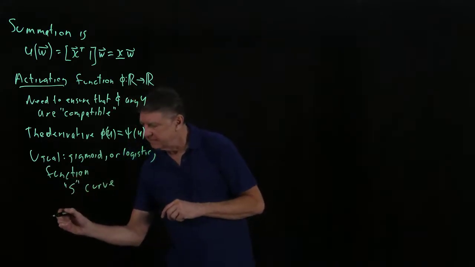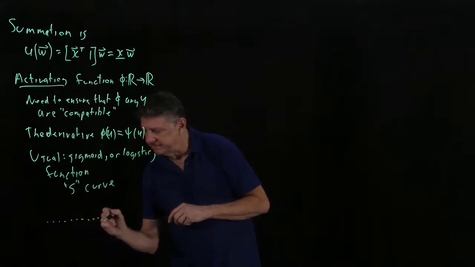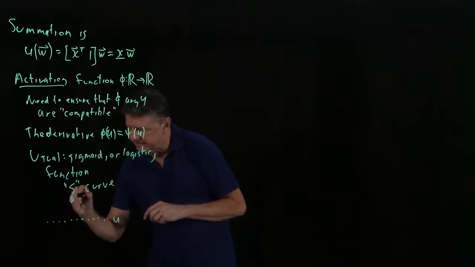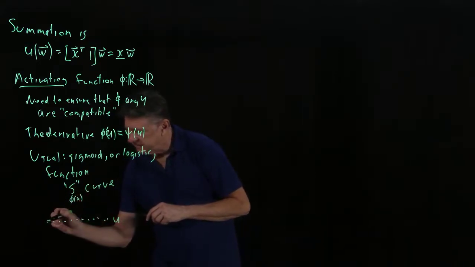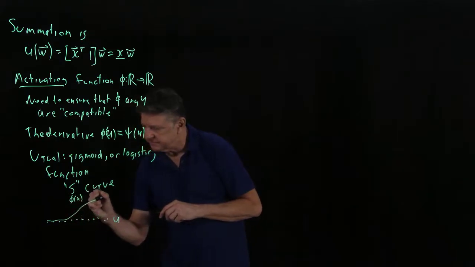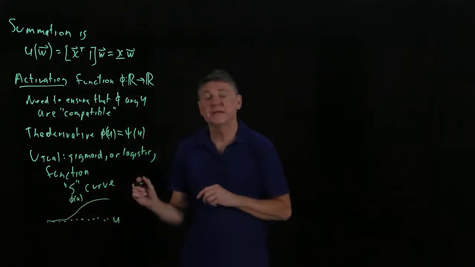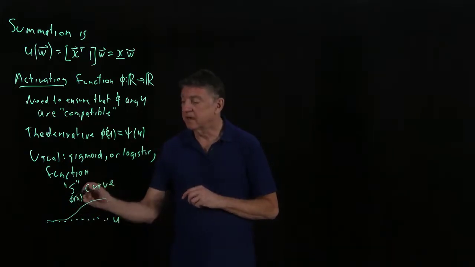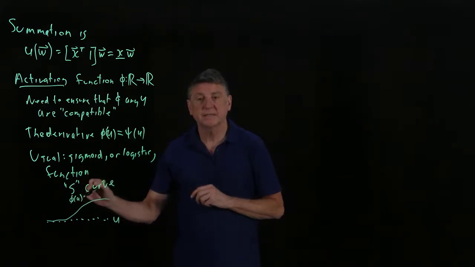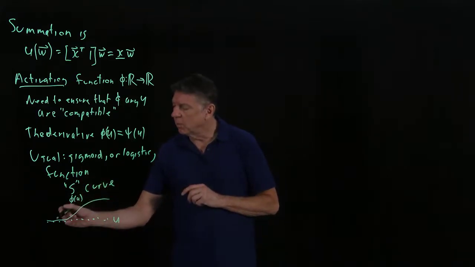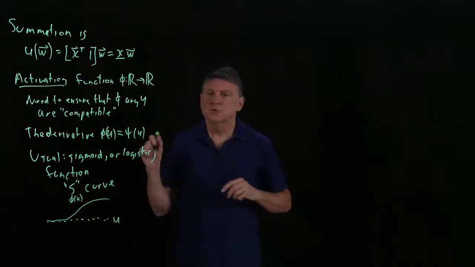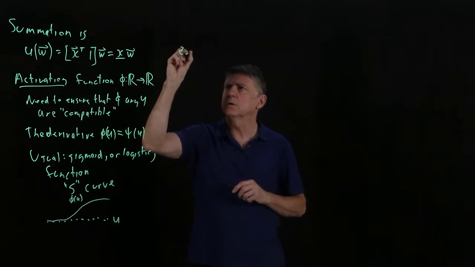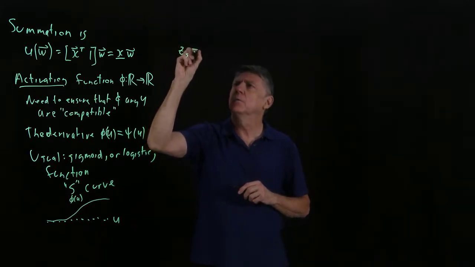That is, if this is our parameter u and this is the activation function, the graph looks like this, an approximate S shape. And this is an example of what I mean by compatible. The kind of activation function we're going to look at in this session is one that's bounded between 0 and 1.